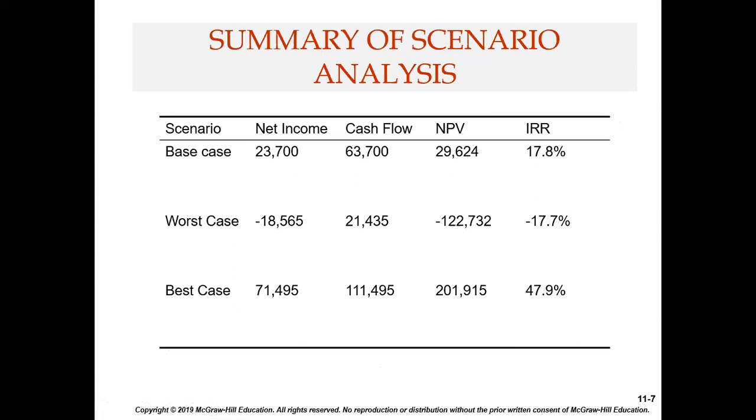Now, we can take this a step further. Let's see what our internal rate of return would be. So remember, we would take internal rate of return on our calculator, apps 1, or you could be using Excel, go down to your internal rate of return, and you would put negative 200,000, and then your cash flow each year, comma, 63,700, comma, 63,700, comma, 63,700, comma, 63,700.